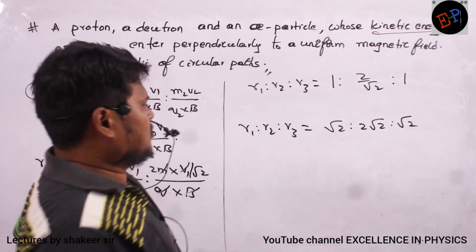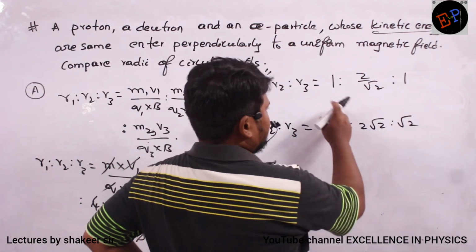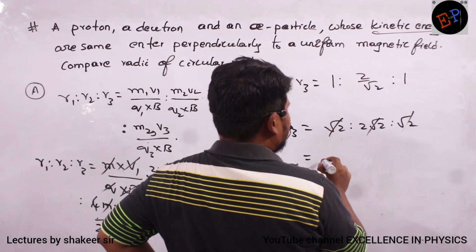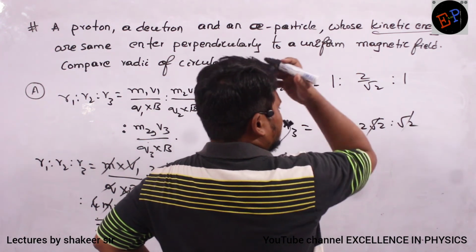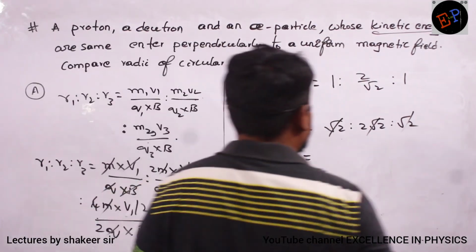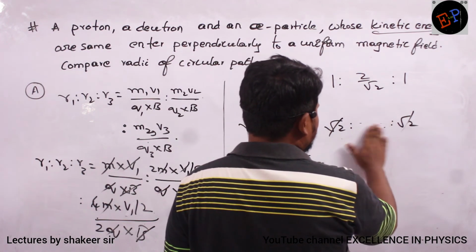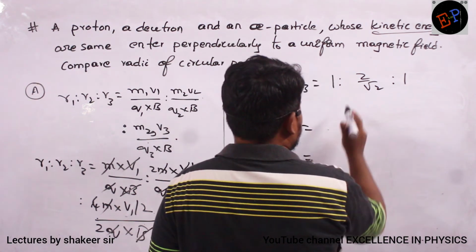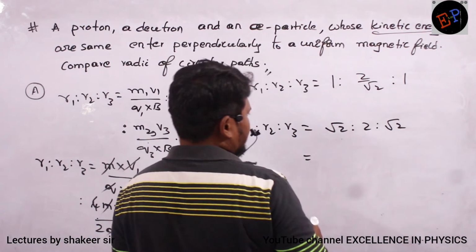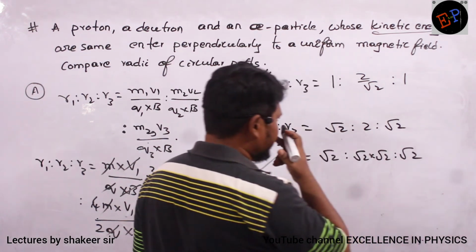Multiplying everything by root 2, so root 2 is to 2 is to root 2.